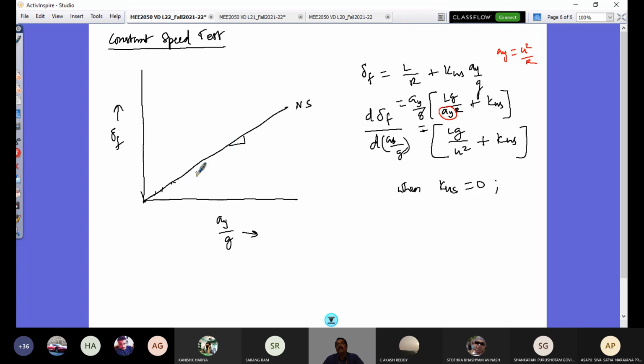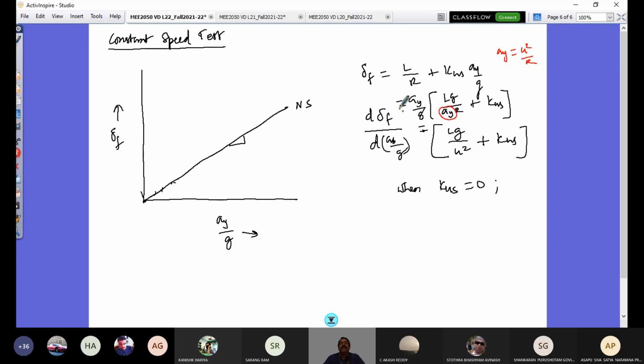And if this is a straight line variation, that means the steering angle has to be increased as lateral acceleration increases. Lateral acceleration increases as I go with the constant speed but different radii.